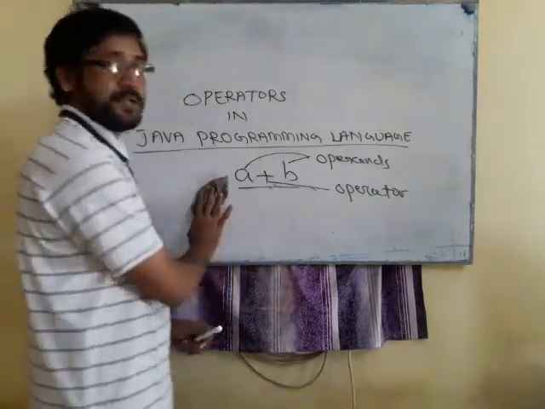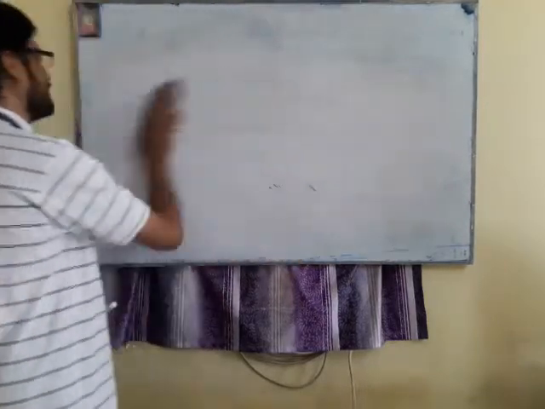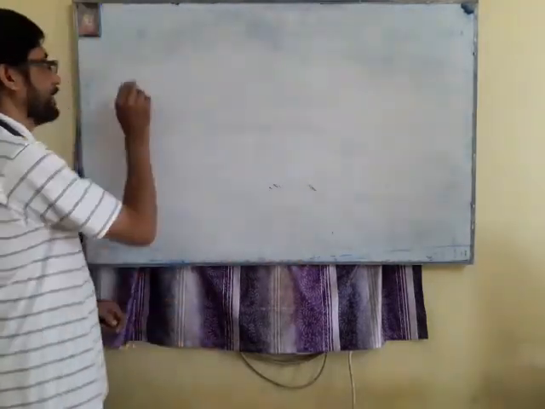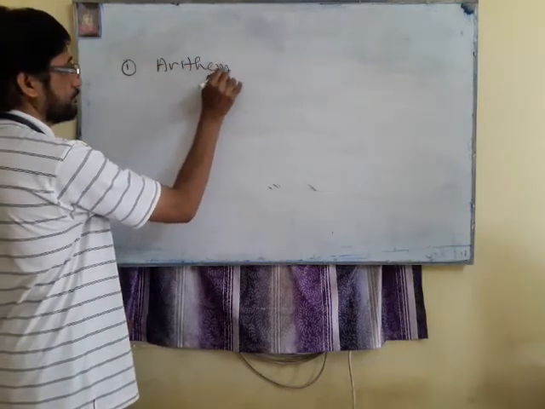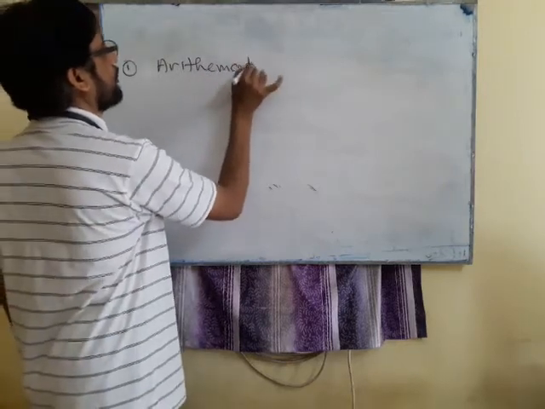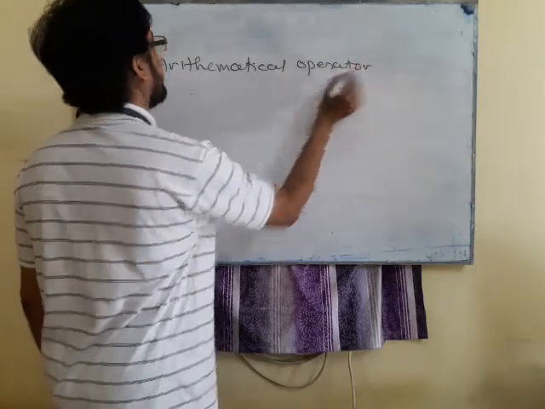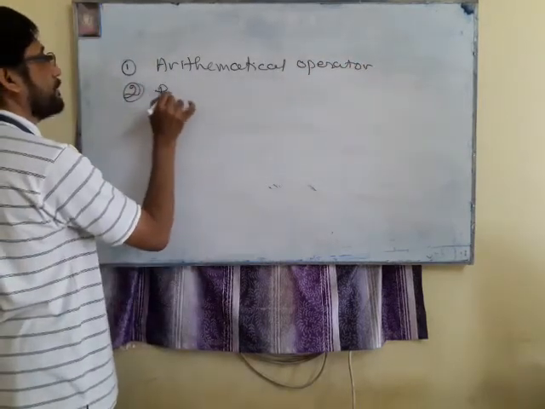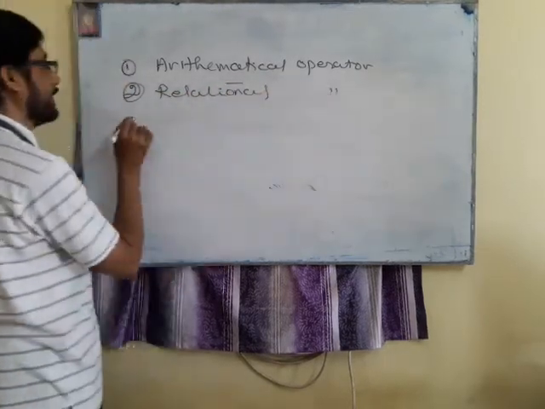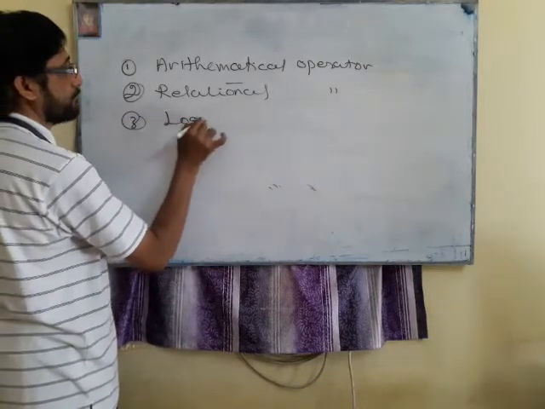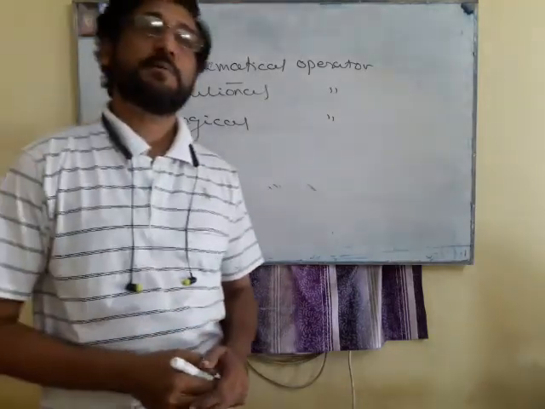So we will discuss different types of operators used in Java programming language. Mainly three types of operators are used in Java: the first one is the arithmetical operator, the second one is the relational operator, and the third one is the logical operator.